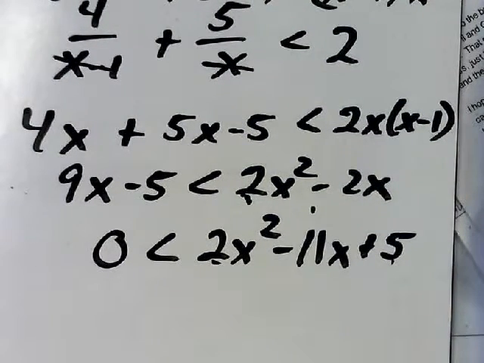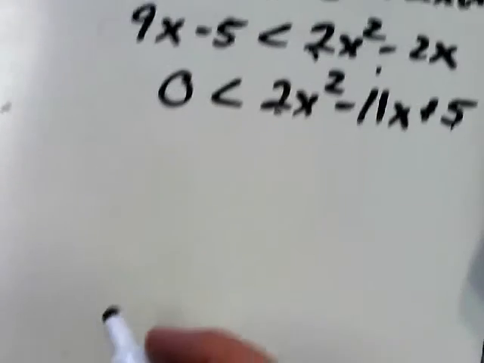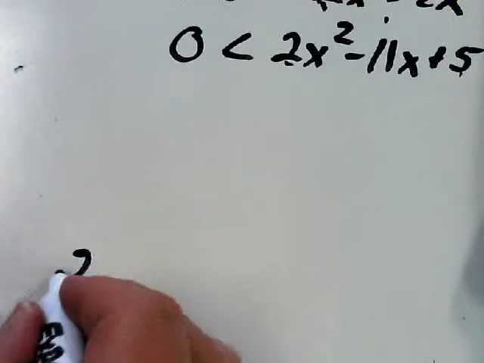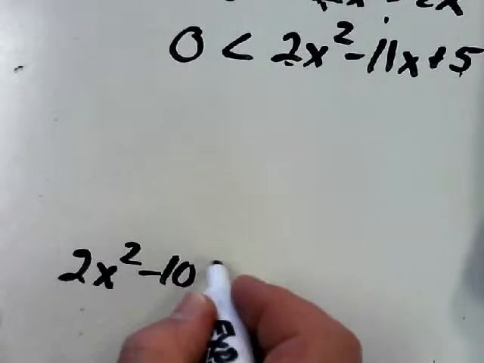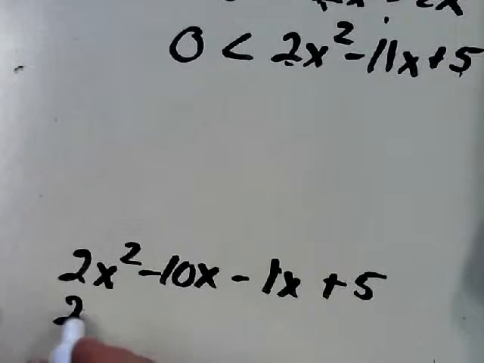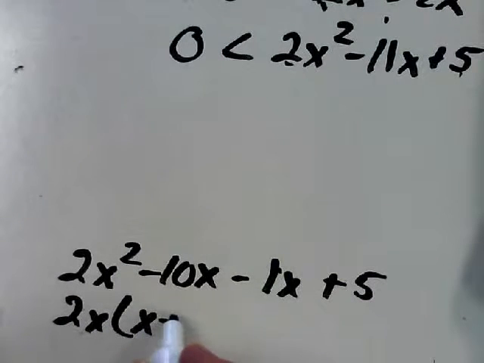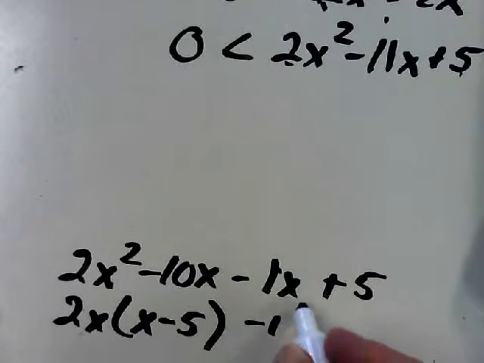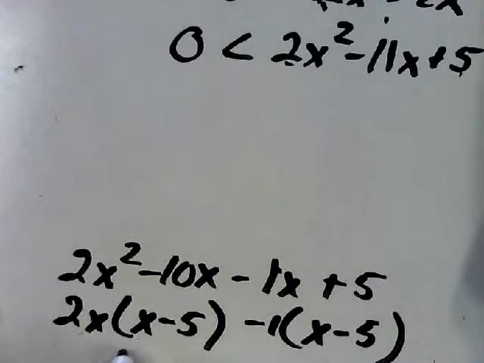How about a negative 10 and a negative 1? So, working on that factoring down here, I would have 2x squared minus 10x minus 1x plus 5. So, taking out the 2x, I'd have x minus 5. Taking out a negative 1, I'd have x minus 5. Common factor of x minus 5 will leave me with 2x minus 1.